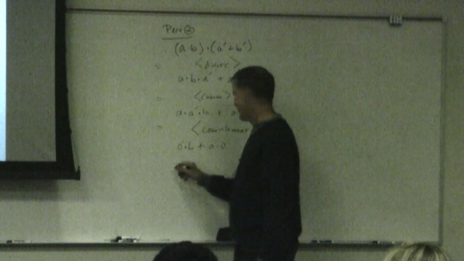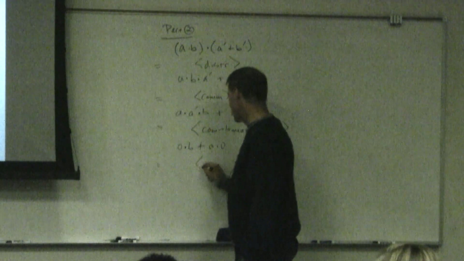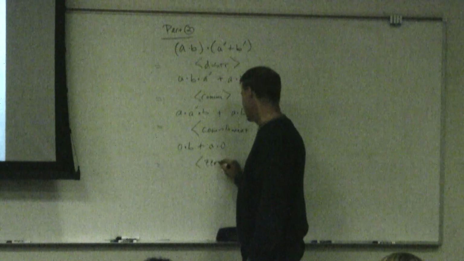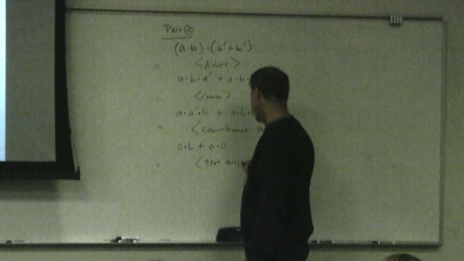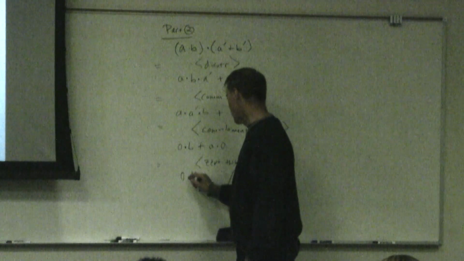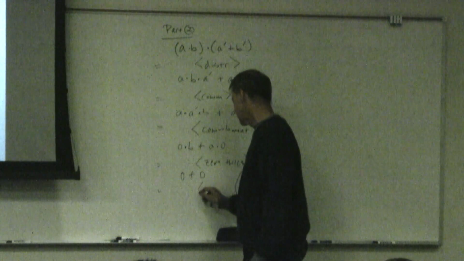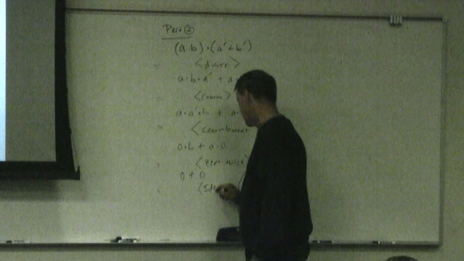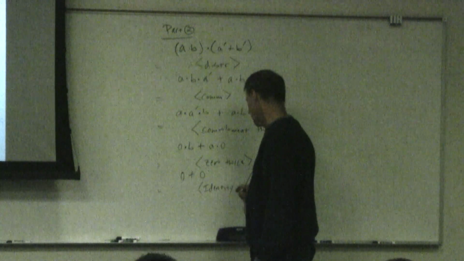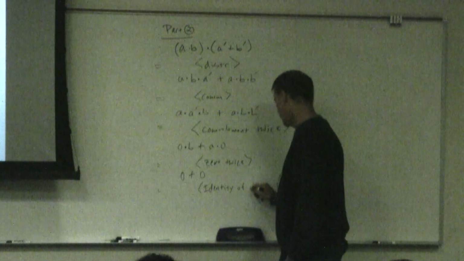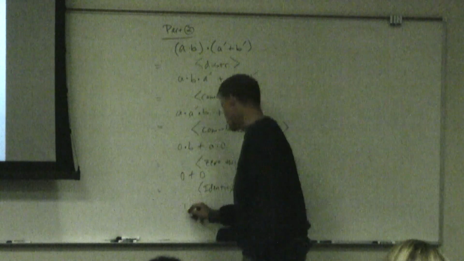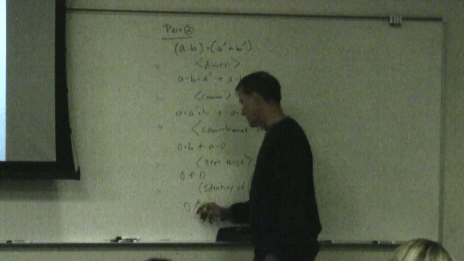This is the 0 again, and so this is the 0 twice, right? So this is 0 or 0, and then this is what? Identity of or, which is 0, boom. So we showed that.